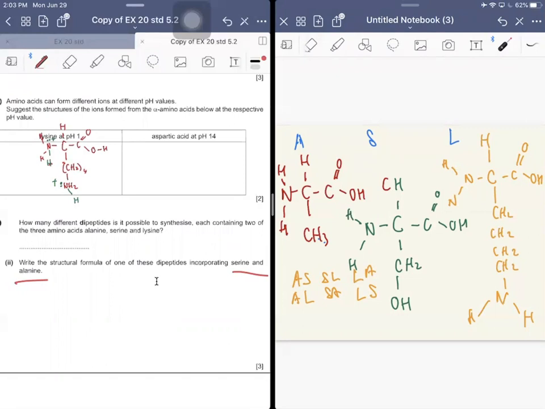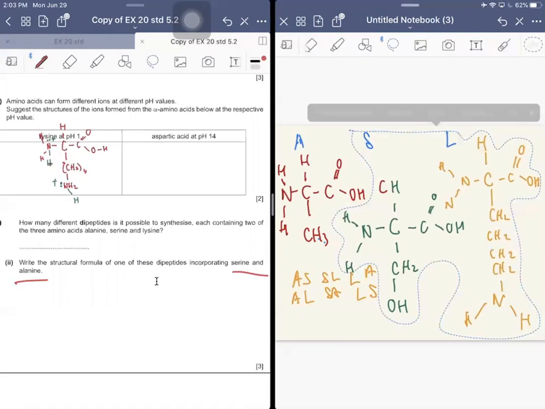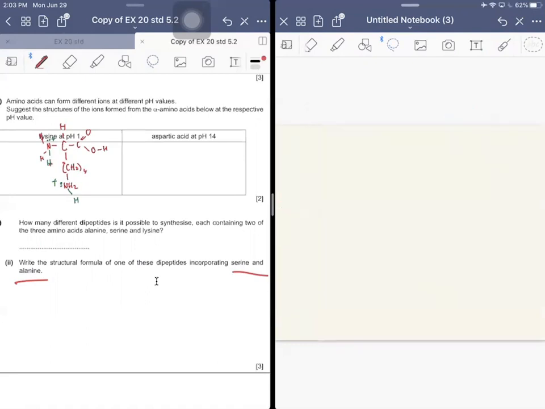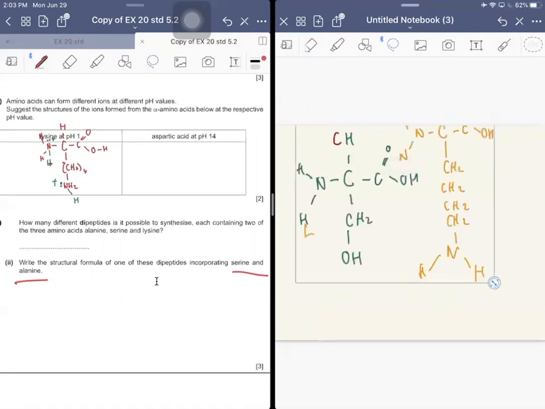Okay, so just choose one. Okay, if we just look at S and L, I take that so that I don't have to redraw it again.